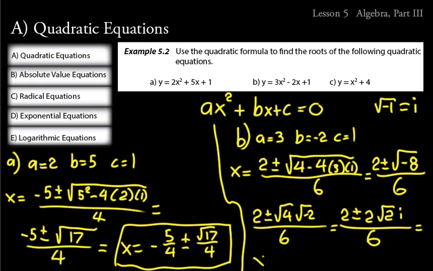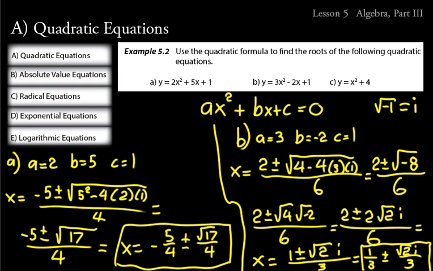So x is equal to 1 plus or minus the square root of 2i all over 3, which equals 1/3 plus or minus the square root of 2i over 3. So that's how we want to write that, as that real part 1/3 and then the imaginary part square root 2i over 3. Let's do one more.